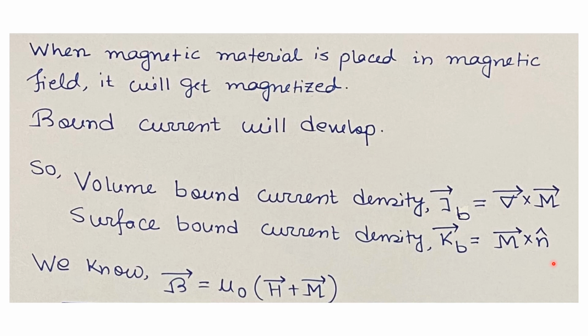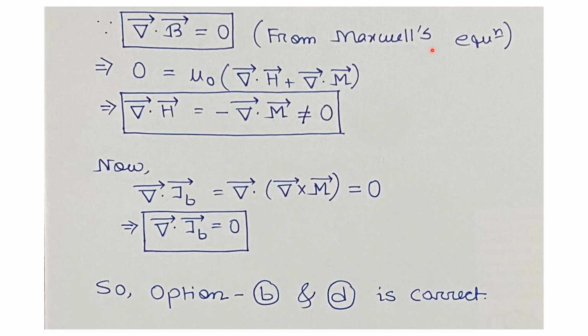Now we know the magnetic flux density or magnetic field inside the material is given by mu naught times H vector plus the magnetization vector M. Now from Maxwell's equations, we know divergence of B vector is 0.